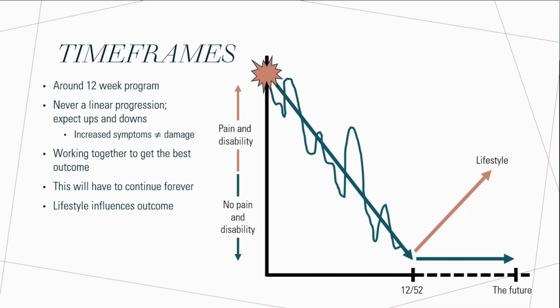You can see as well, I've got an arrow here showing lifestyle factors and how that can influence the recovery. These are things like smoking, poor sleep, if there's a lot of stress or anxiety in your life, poor diet, being overweight. These are all things that can also prolong symptoms.